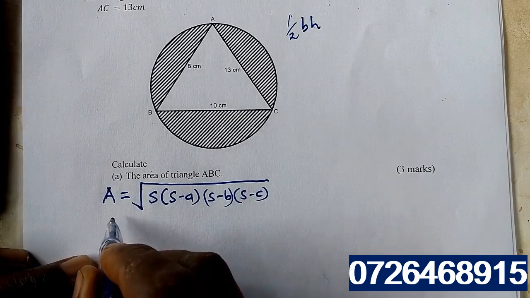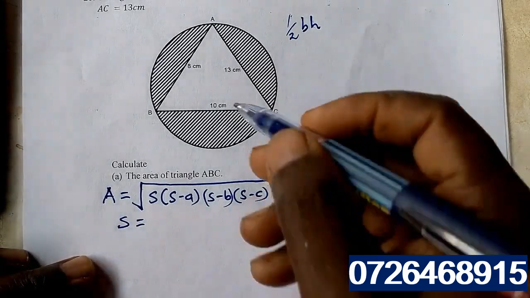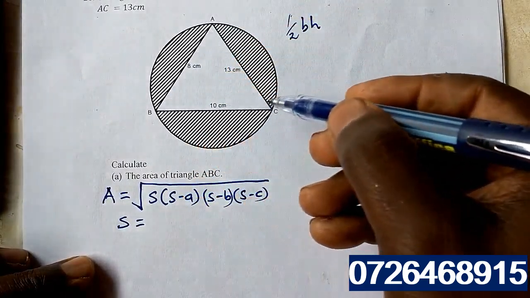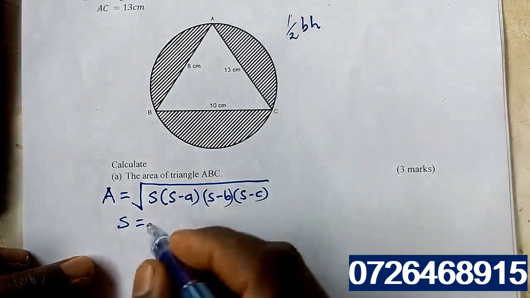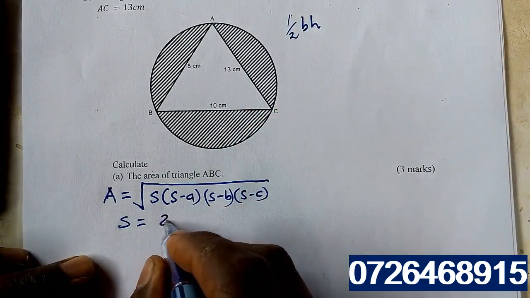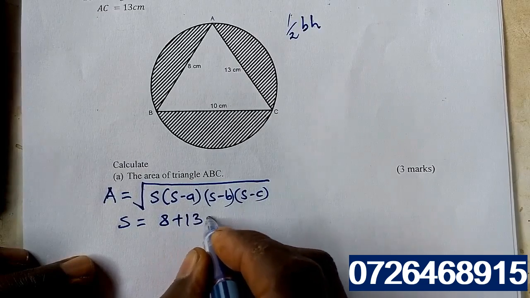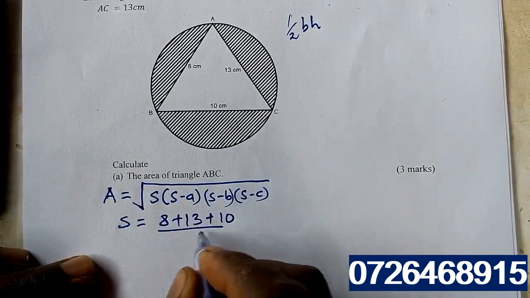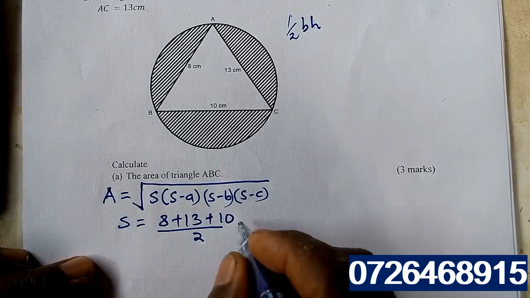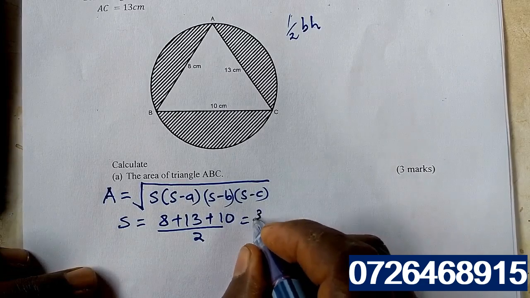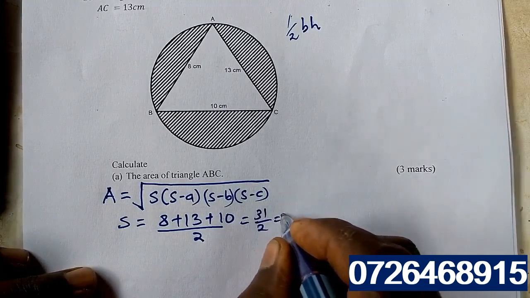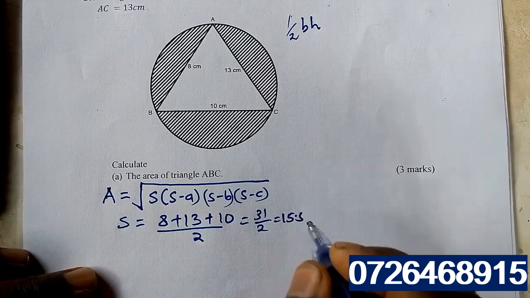So s is equal to, you find the perimeter of the triangle. That is 8 plus 13 plus 10, and then divide by 2. That one gives you s, and that one is going to be 31 divided by 2, and that is 15.5. So our s is 15.5.